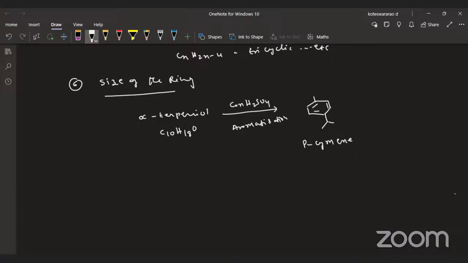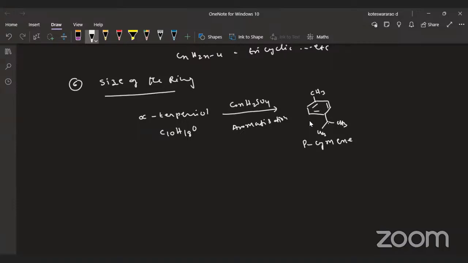And the second one is, in paracymene, these are the methyl and isopropyl groups. This is the methyl group. This is the isopropyl group, CH3, CH, CH3. The methyl and isopropyl groups present on this 6-membered ring indicate that the methyl and isopropyl substitutions are present in the 1,4 position relationship on the alpha terpinol 6-membered ring.